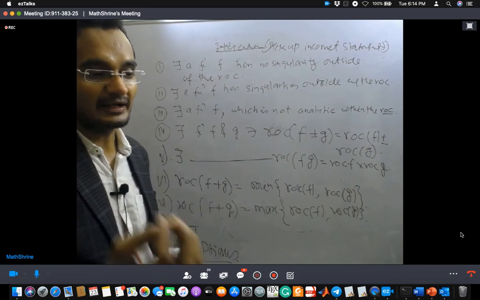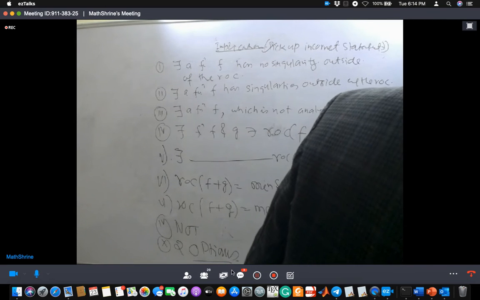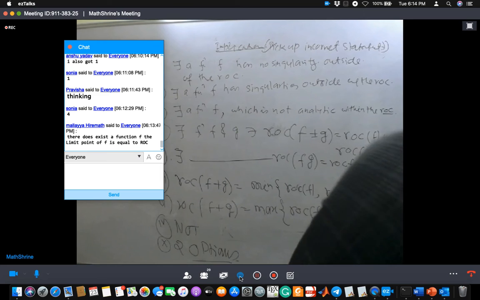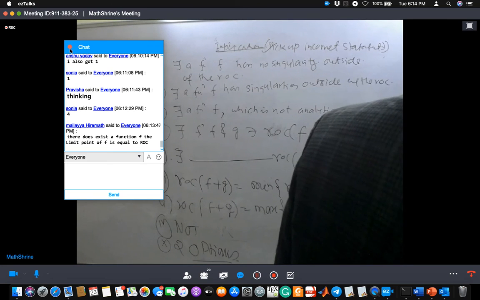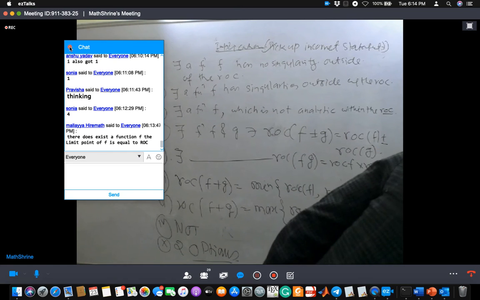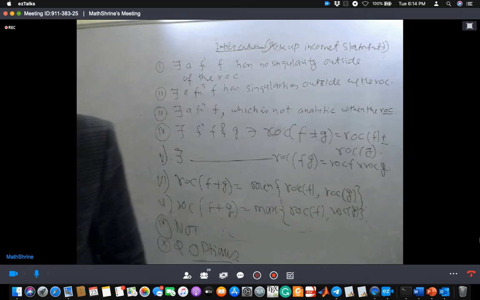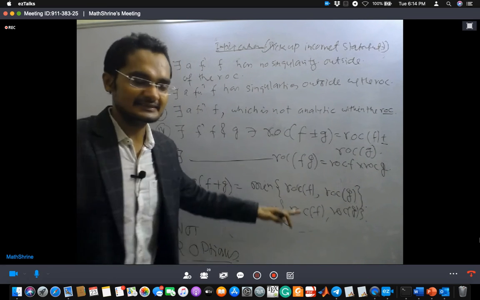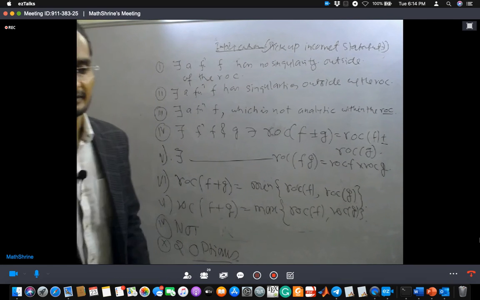So there exists a function f, limit point of f is equal to the radius. Okay, yes, this is also nice. Shall I erase this?